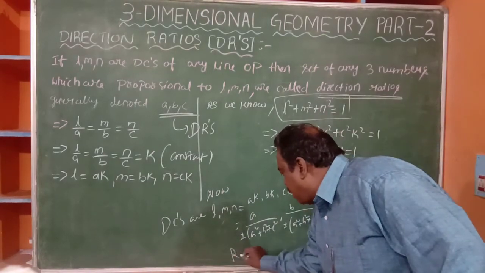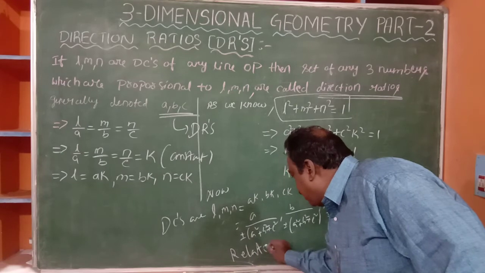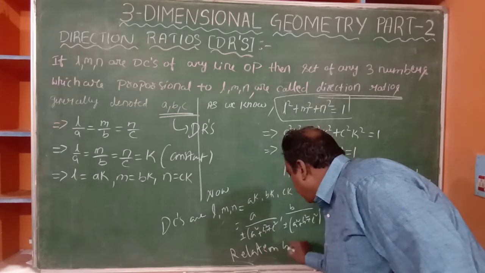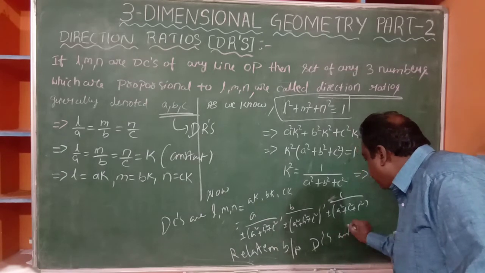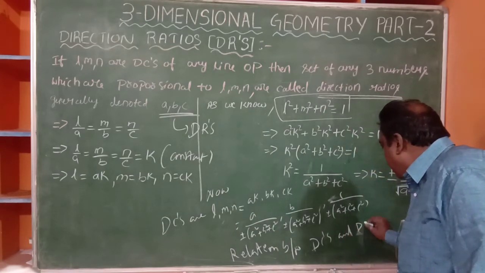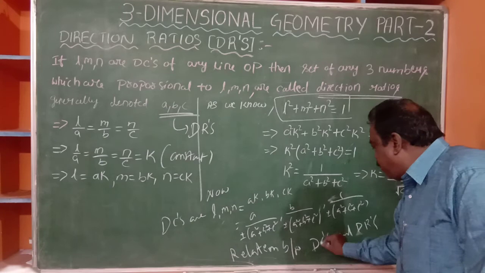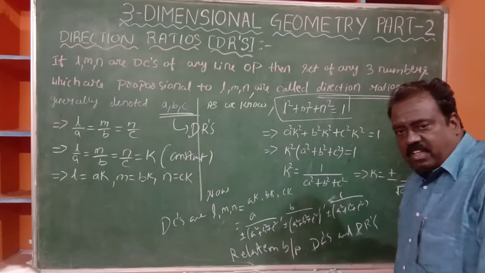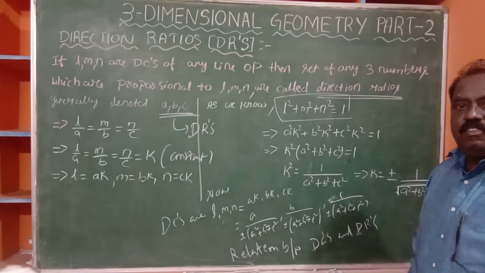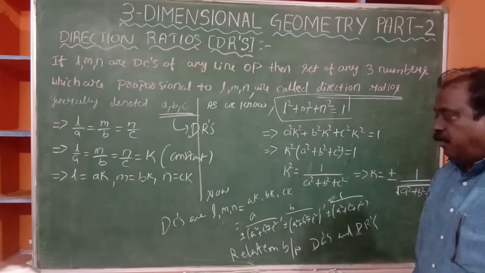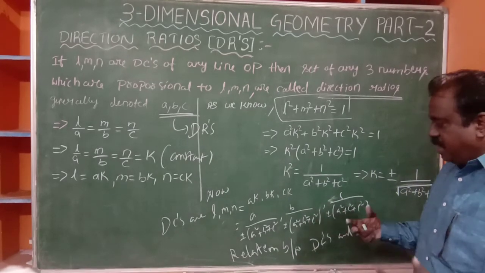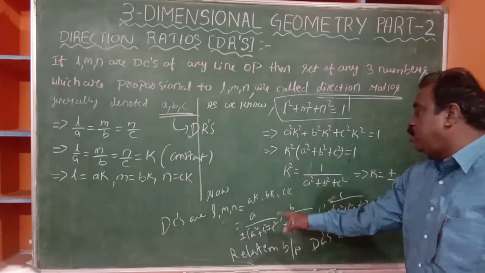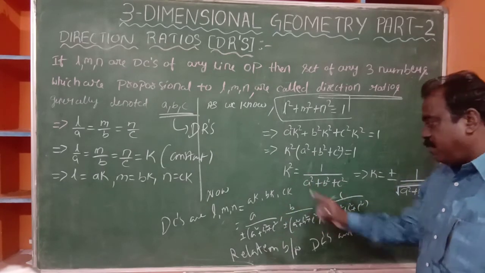It is a very good concept, a relation between DCs and DRs of any line. If a line segment is there, no doubt DRs and DCs are there. But what is the relation? If you know the DRs, we can find the DCs.